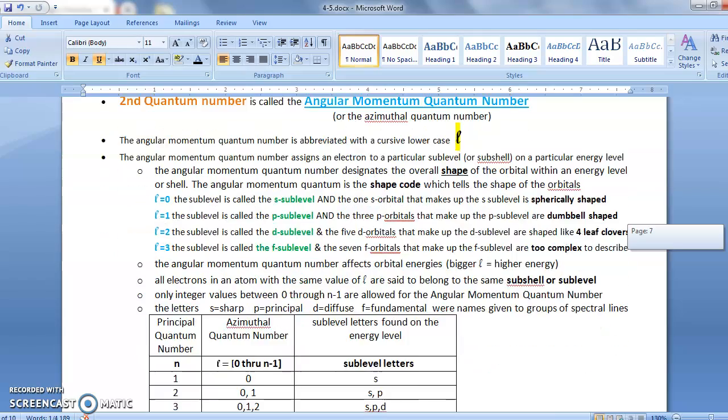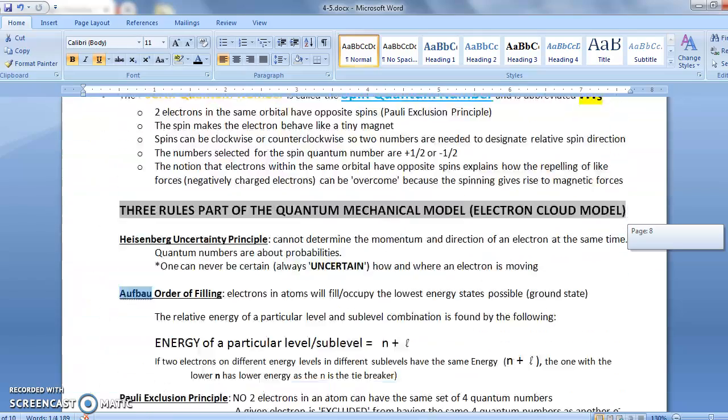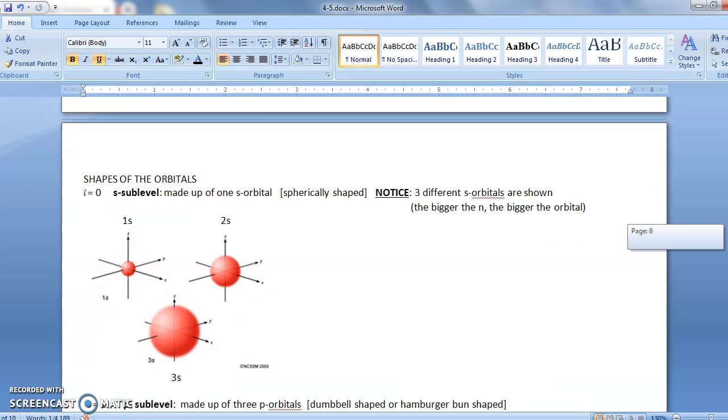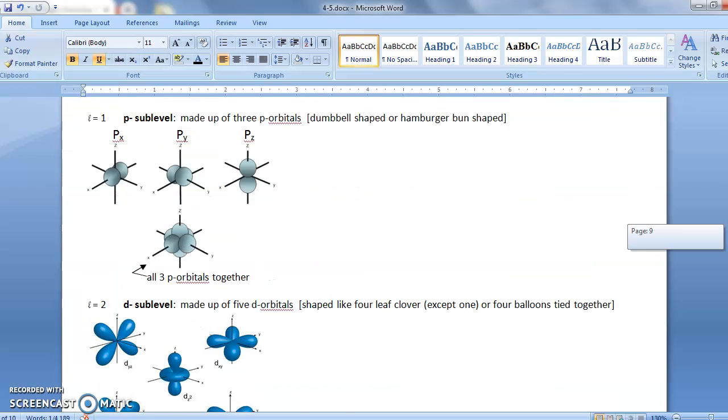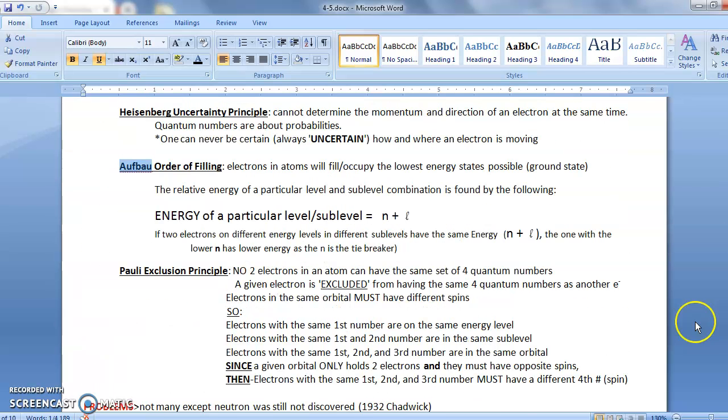We'll get more into that later, but the Aufbau just says that electrons will go for the lowest energy level, sublevel combination first, the N plus L. The energy, as we mentioned, you add the first number, the N, to the second number, L. If two electrons on different energy levels have the same energy, in other words, if the N plus L from the different levels tie, the tiebreaker goes to the lowest level.